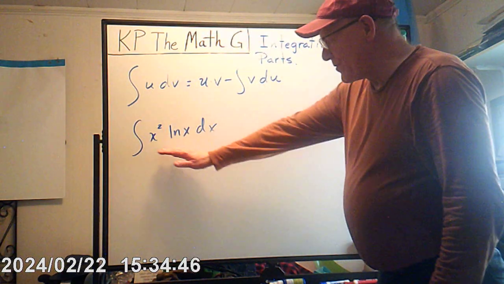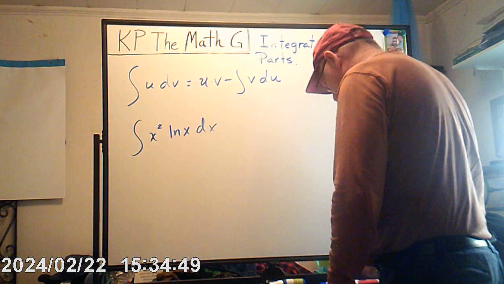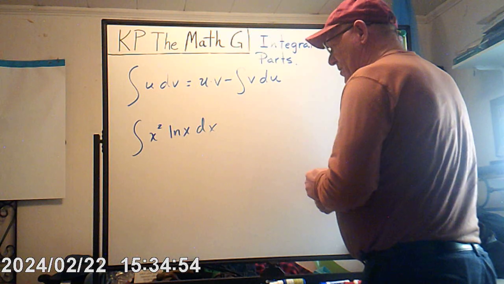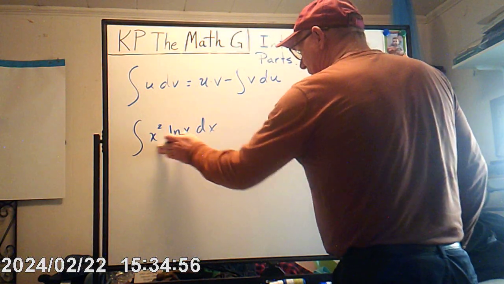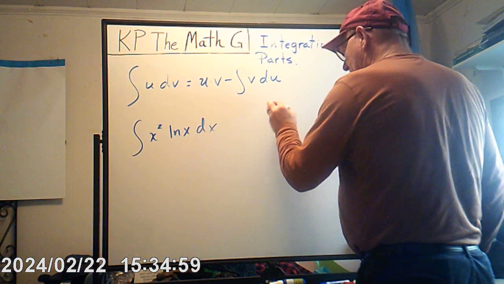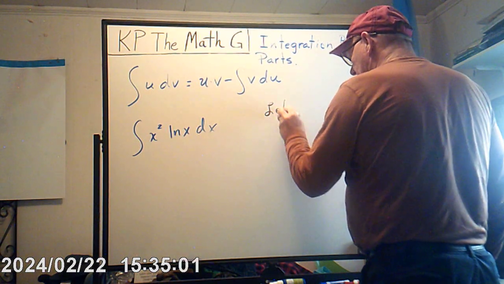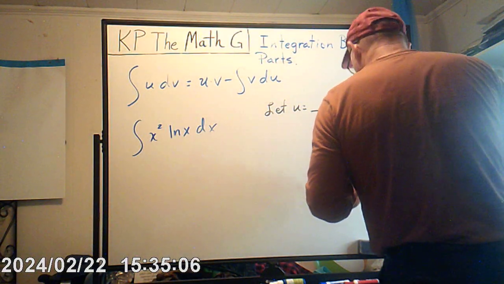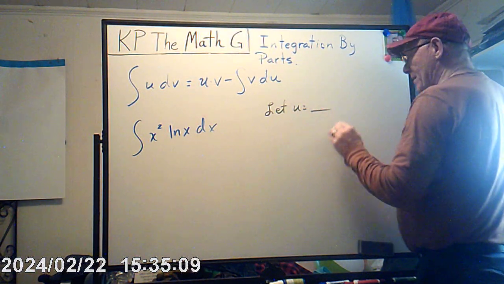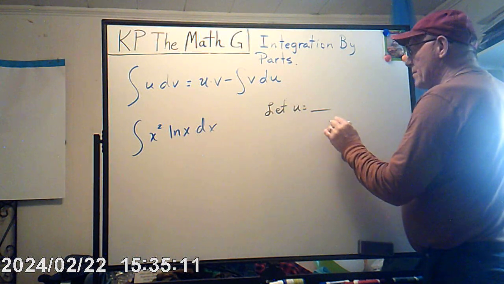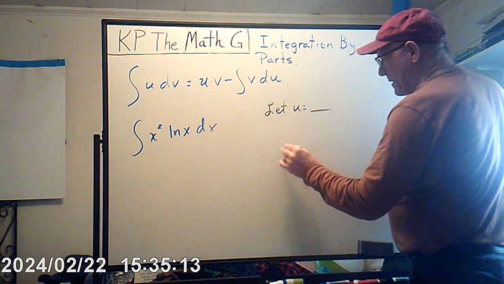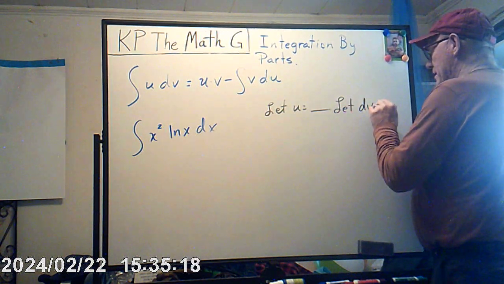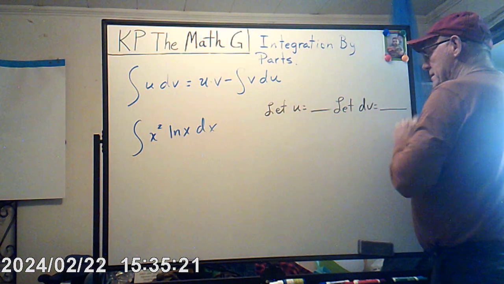Alright, and we have an example here. What we have to do here is we have to let u be equal to something, and then we also have to let dv equal something.